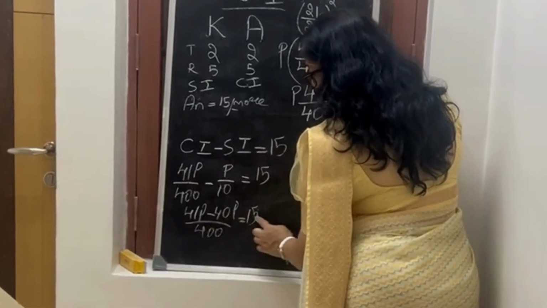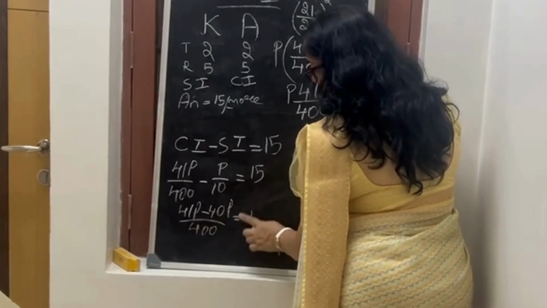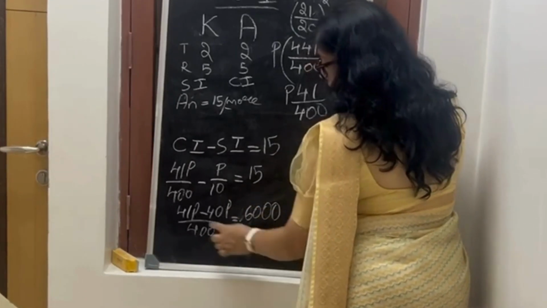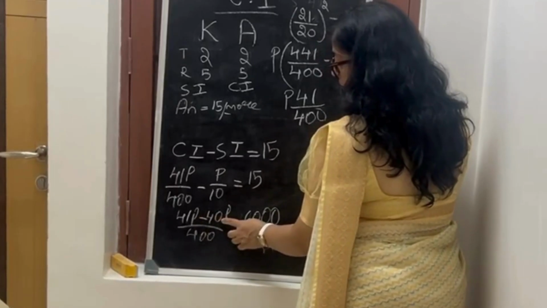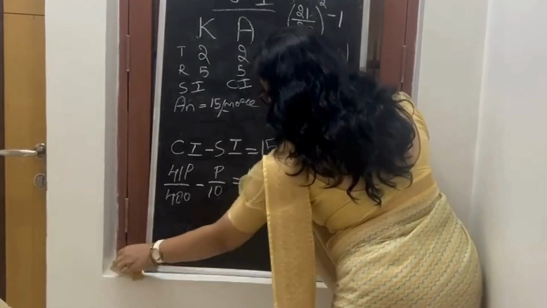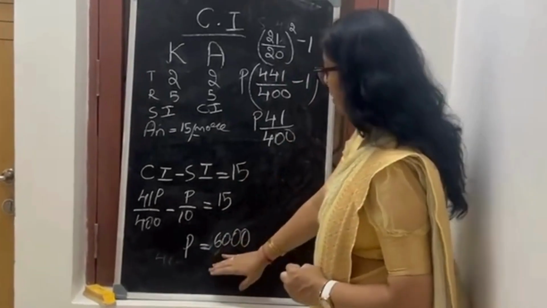So again, I will take the 400 to this side. So it will be 15 into 400, how much? 6,000. Correct? And 41P minus 40P is 1P, which means P equals 6,000.